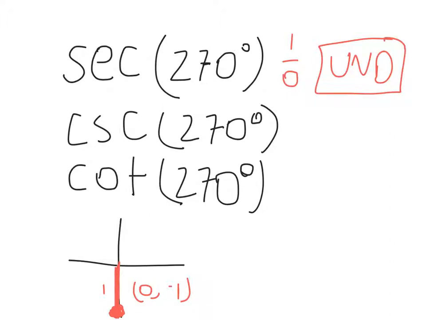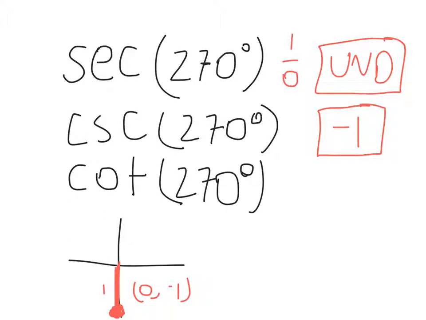Cosecant is the reciprocal of sine, and on the unit circle, the sine is the y value, so the sine of 270 degrees is -1. The reciprocal of that will also be -1. Therefore, the cosecant of 270 degrees is -1.